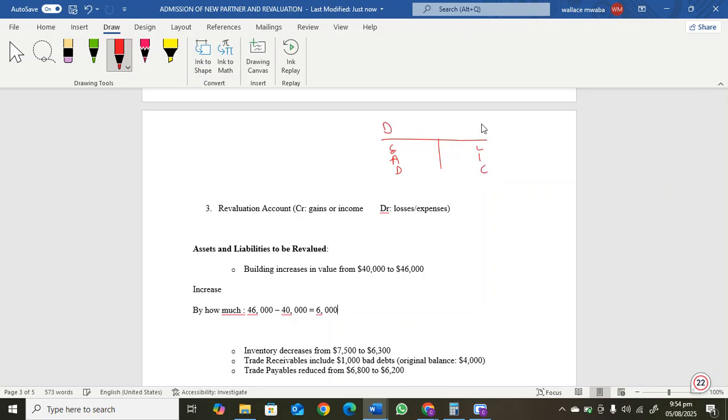Let's see those who remember the double entry rules. Mr. Kasono, increase in an asset, do you debit or do you credit?